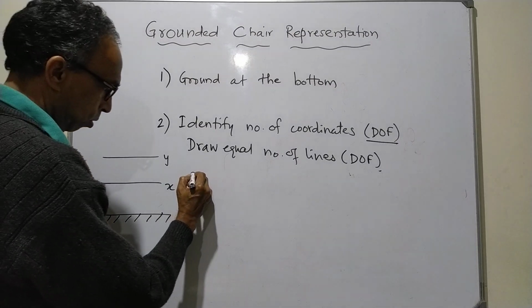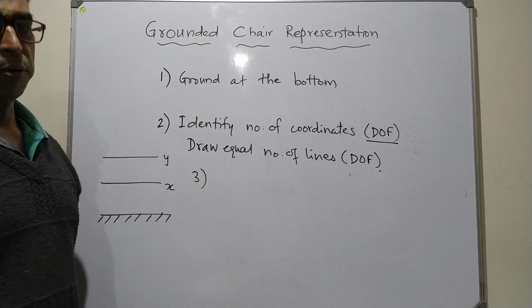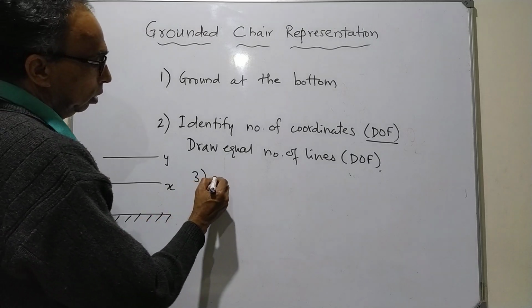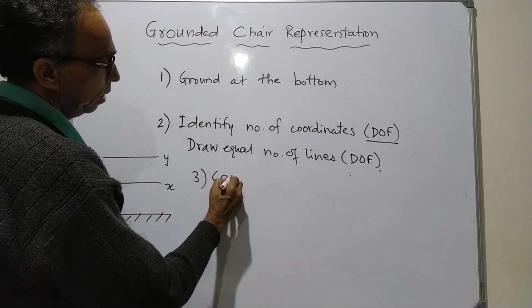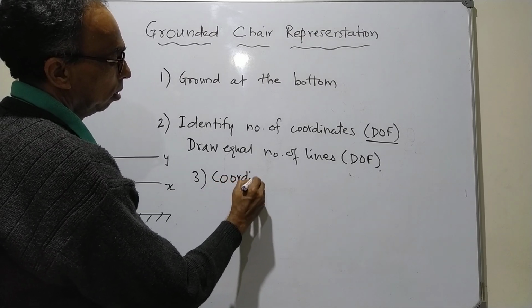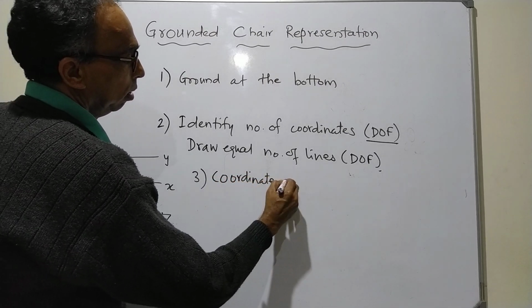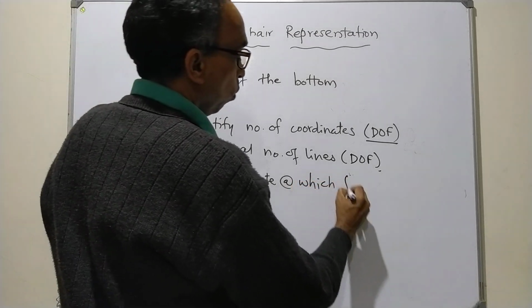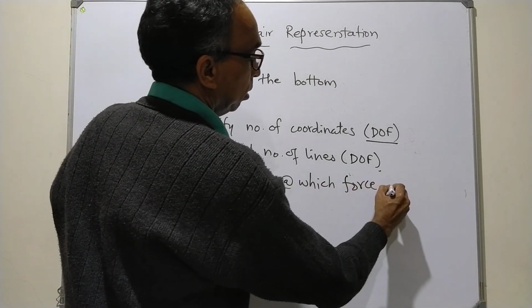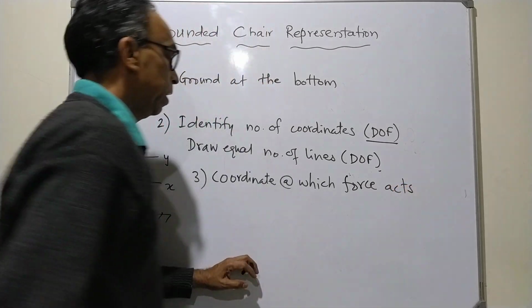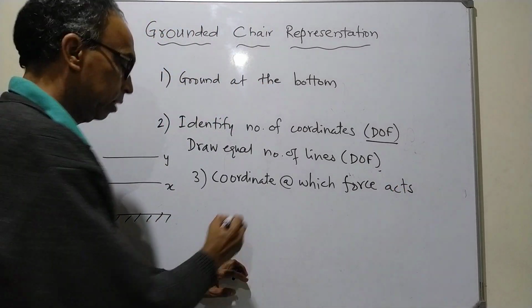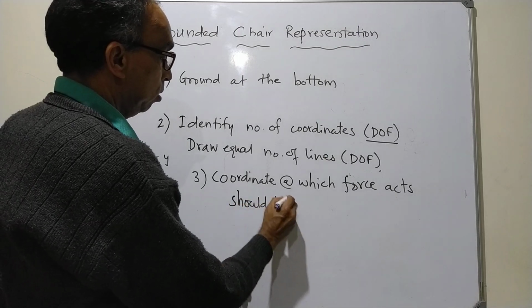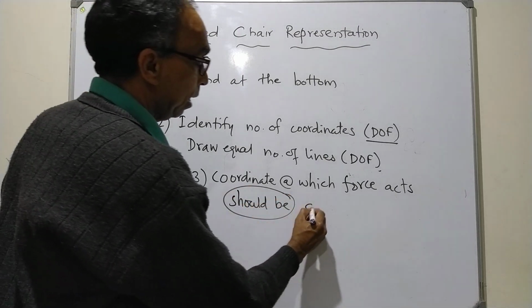The third important rule in grounded chair representation is that the coordinate at which the force acts should be at the top.